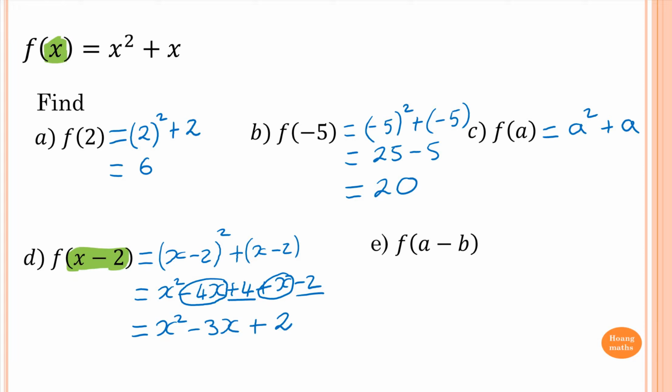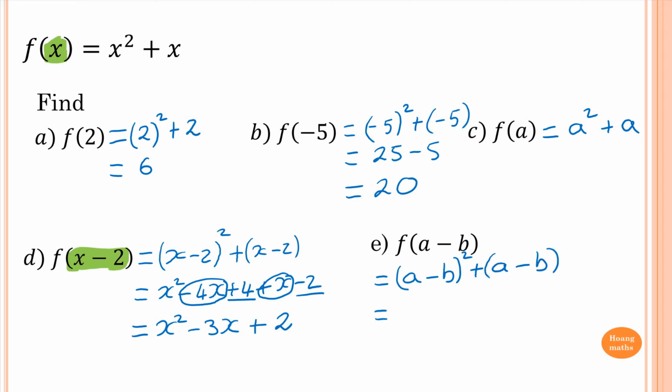This one here, same thing, f of a minus b. So every time you see x, you replace with a minus b. So I just write here, which is equal to f of a minus b, so that gives me a minus b all squared plus a minus b. That's all.